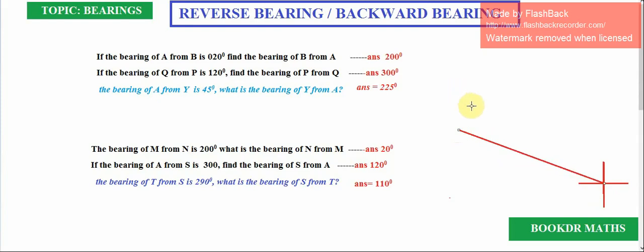Then we enclose the area with the cardinal points. This is the direction. Now we'll label the relative positions. This position will be called T, whereas the position here will be called S.